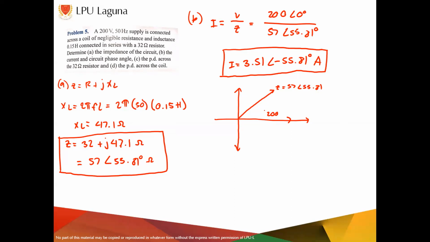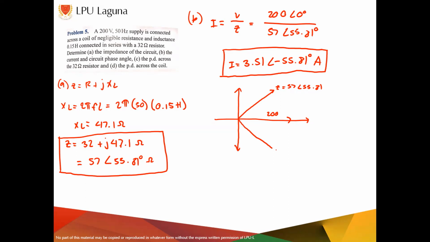At ang ating current daw ay, saan ang current natin? Nandito yung ating current.